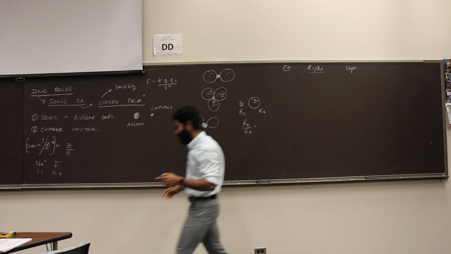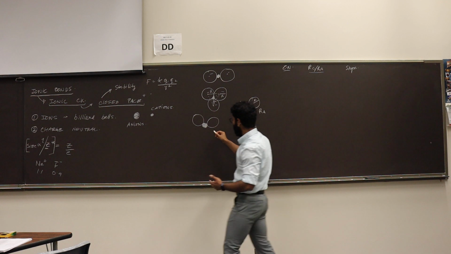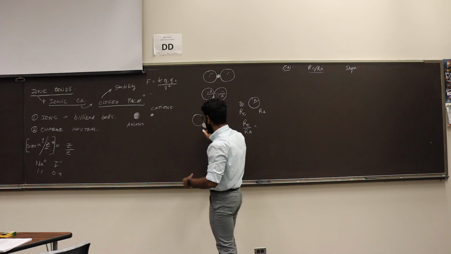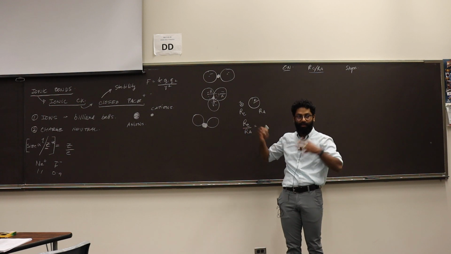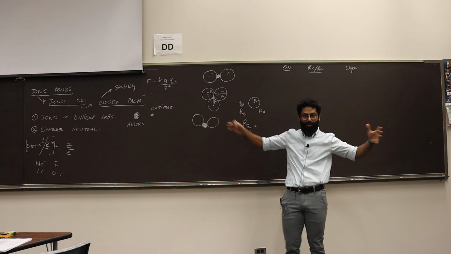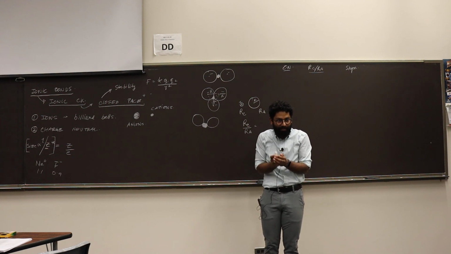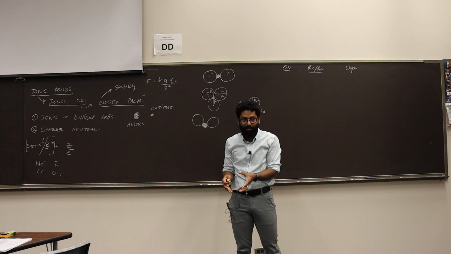And if it's big, then what will happen? You need to get more anions to surround it, because the cation was first smaller. So even 2 will be able to do that.